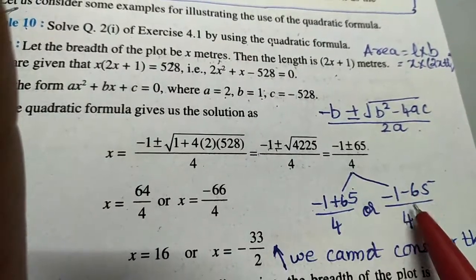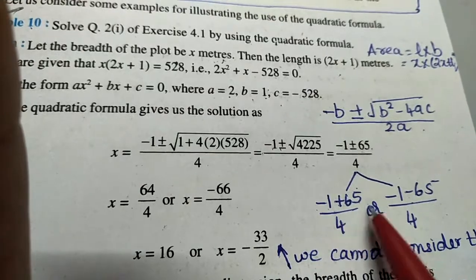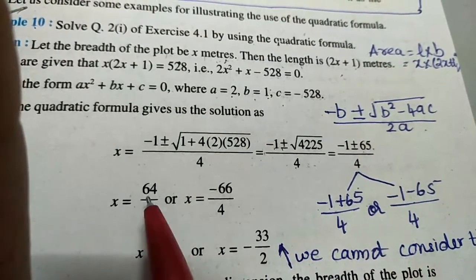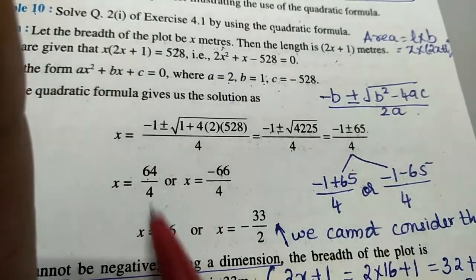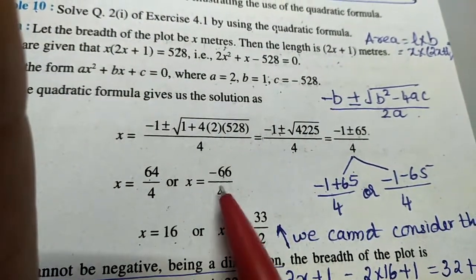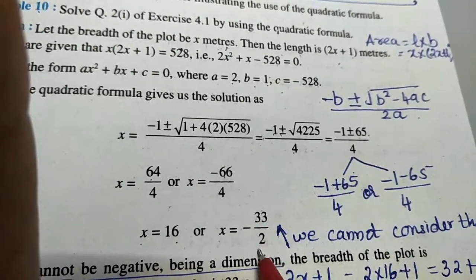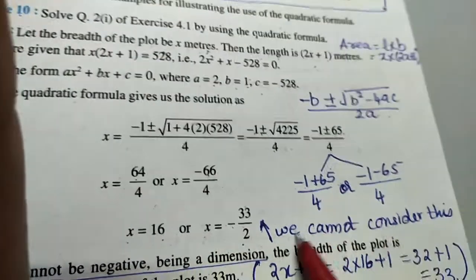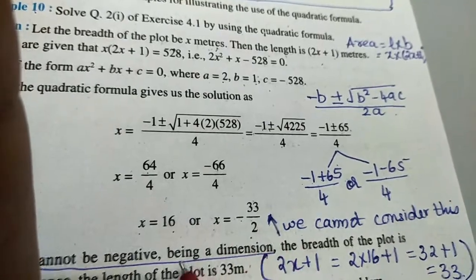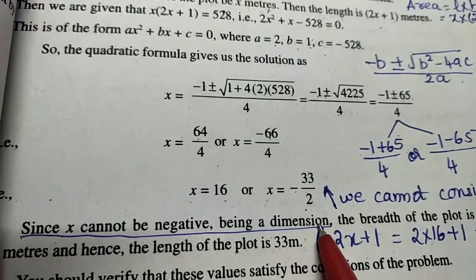One is plus and other is minus. So here you will get 64, here you will get minus 66. So you will have x is equal to 16 or x is equal to minus 33 upon 2. Two roots are there. Okay, but we cannot consider this root simply because you don't have a negative dimension.